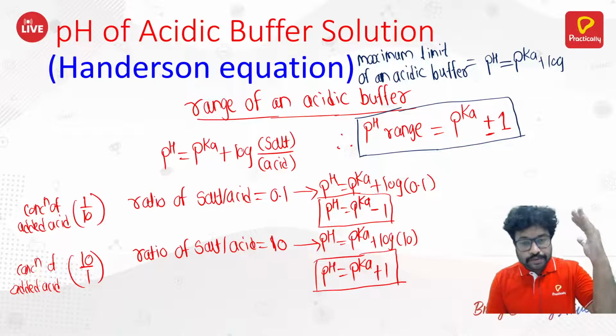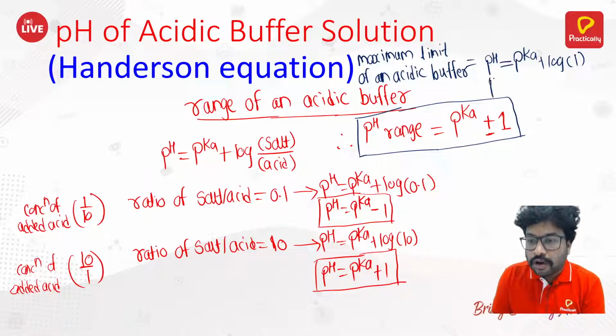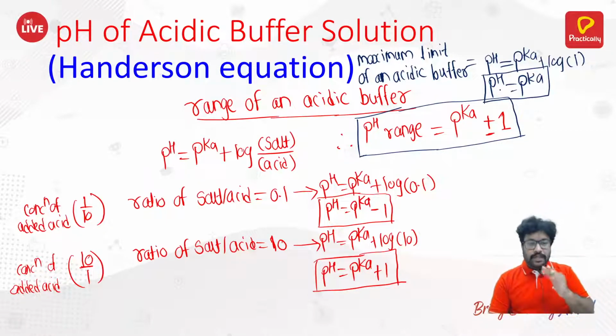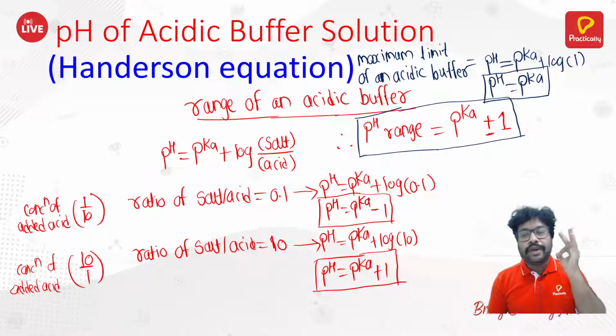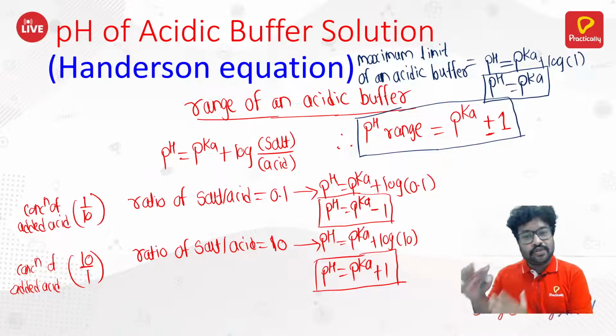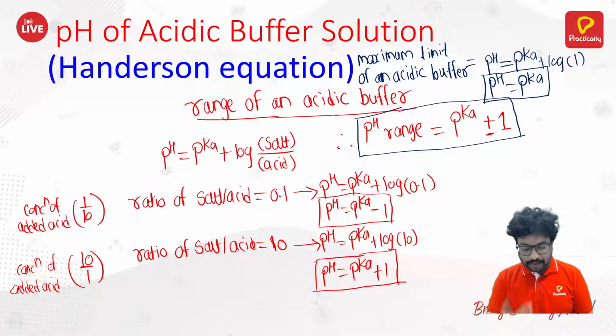And what is log of 1? Log of 1 is 0. So that is the maximum limit of an acidic buffer, beyond which it cannot act. So 0.1, 10 raised to 1 and 1, these are the limits within which your acidic buffer can behave. Okay, I hope you must have understood this pretty well. Moving ahead.